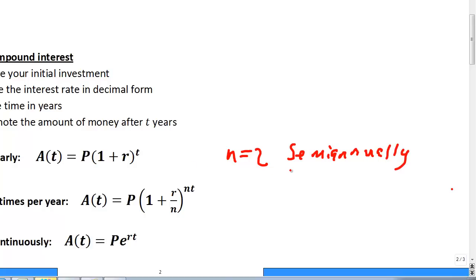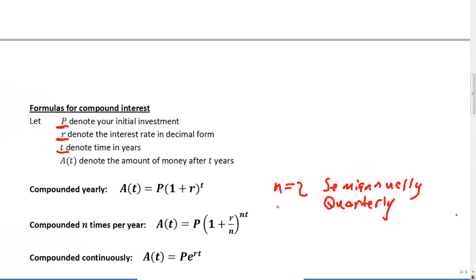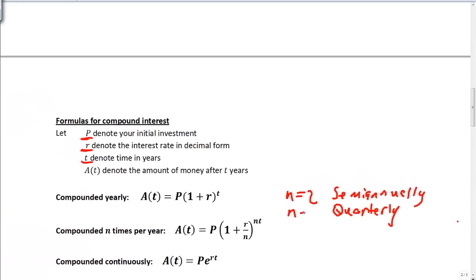So quarterly would indicate it's done 4 times a year, so n would equal 4. Okay. Monthly, n would equal 12 because it's compounded 12 times per year. And daily, they would use n equals 365. Okay.